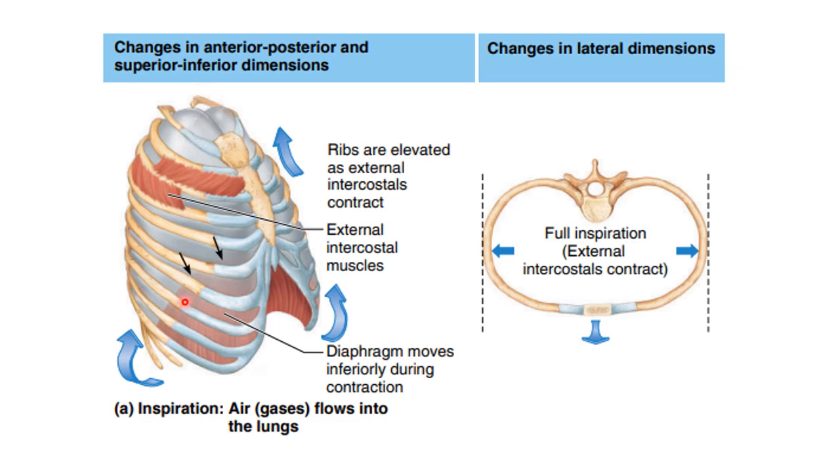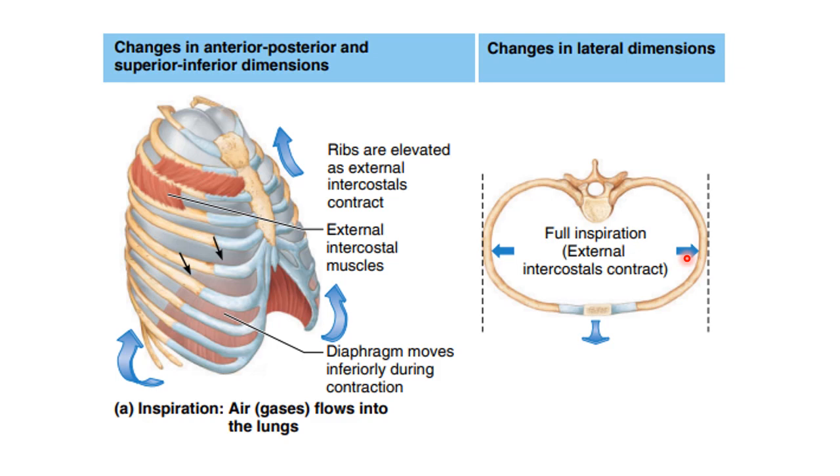Okay? This is supplemented by the action of the external intercostals. So as the external intercostals contract, the ribs are elevated. Okay, and so as the ribs are elevated, the diameter of the thorax increases from side to side as the ribs are elevated by the external intercostal muscles.